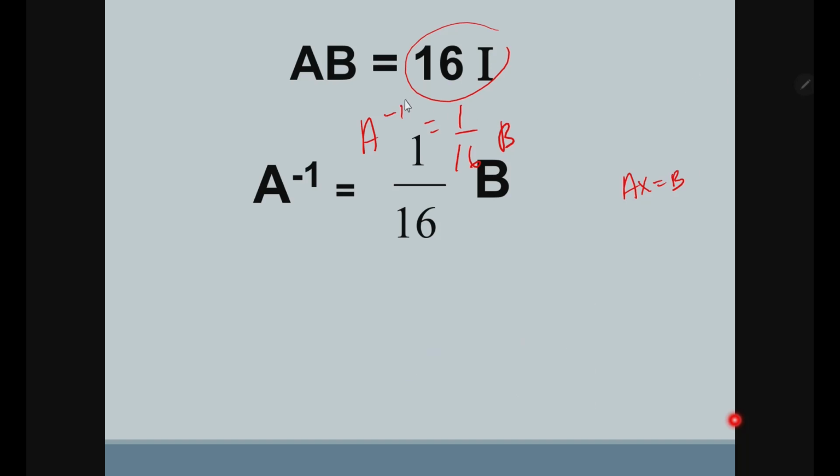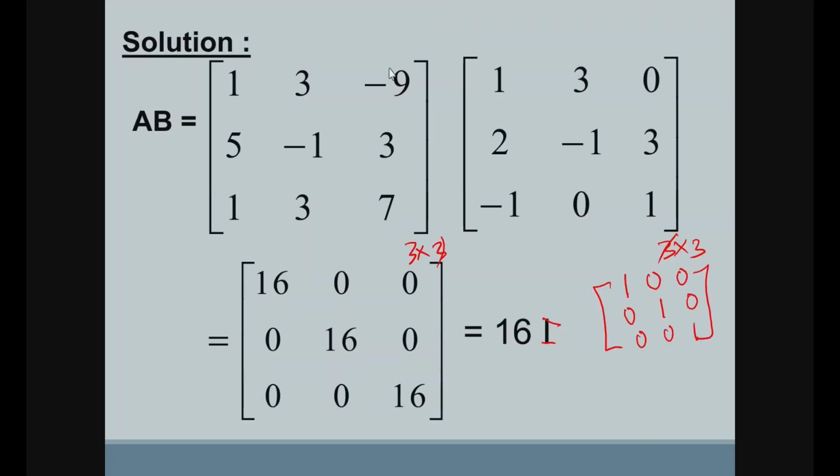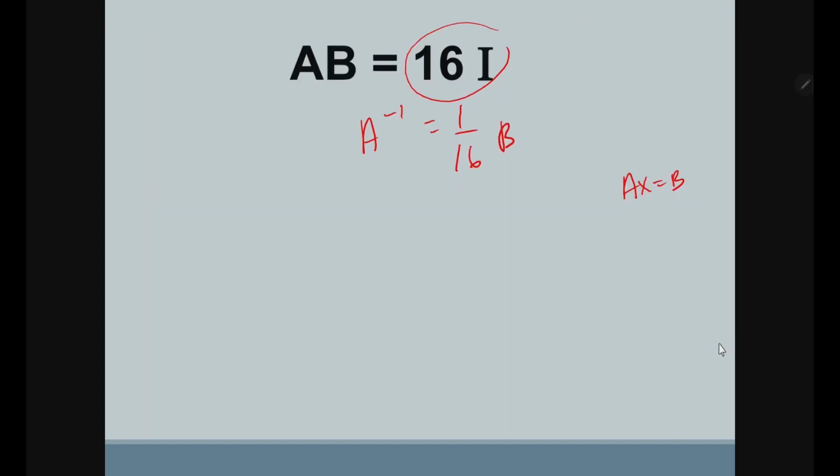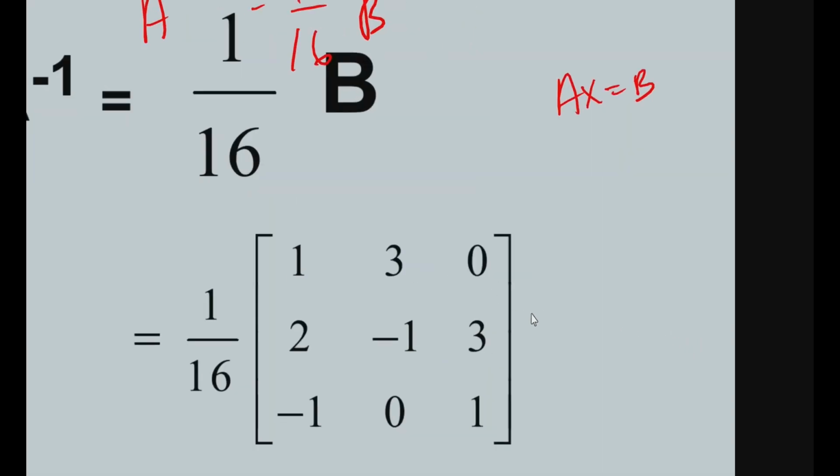So the value of B is like this, okay? So we substitute, and you can get 1 over 16 times B.